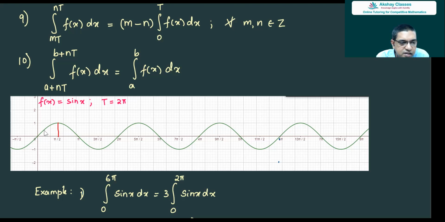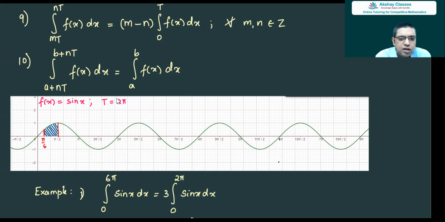So let us say it is somewhere here, exactly half. So pi by 6 to pi by 2, this portion is the integral value. This shaded portion, the area under the curve will be the integral value.